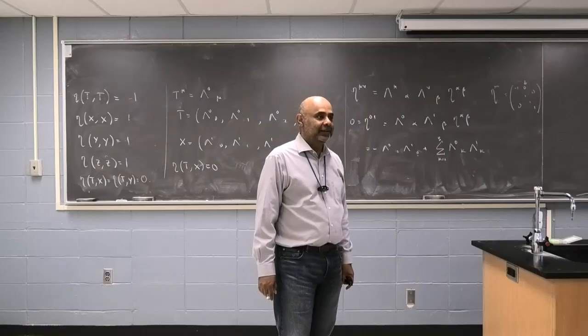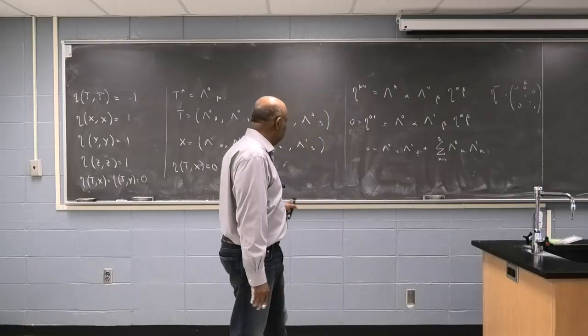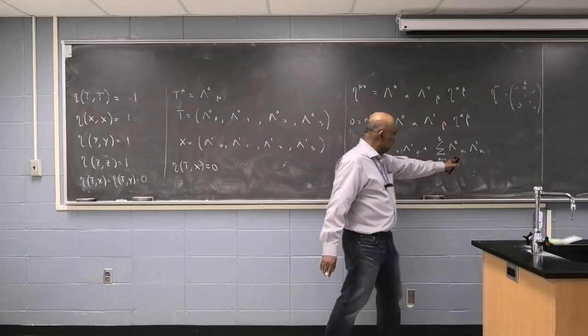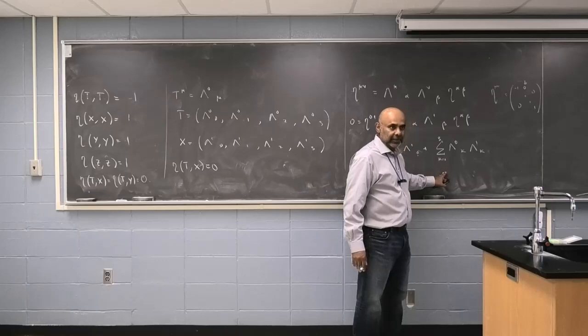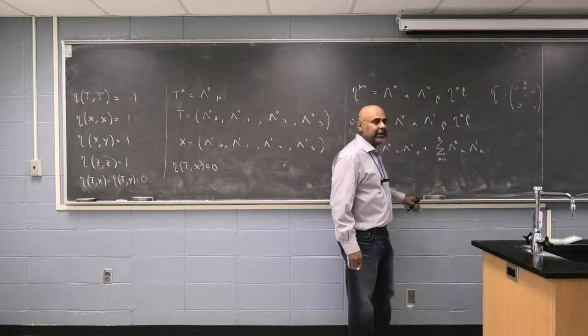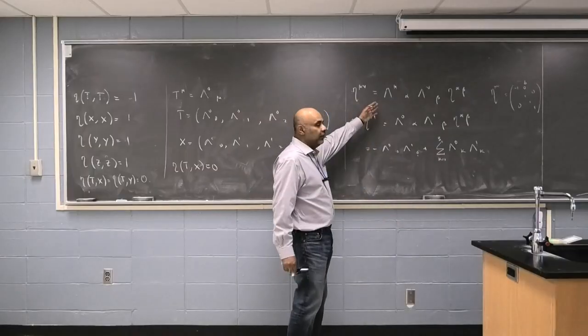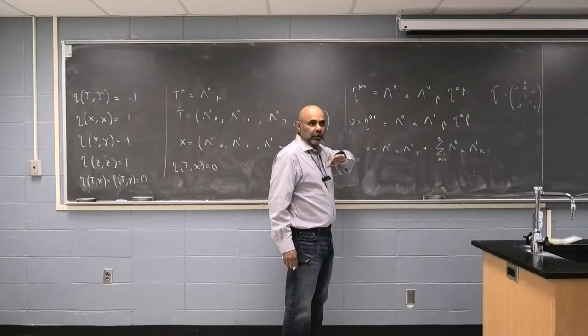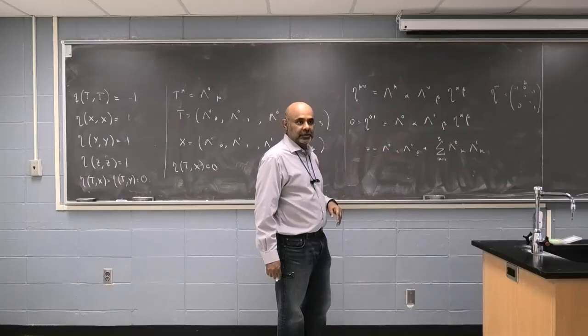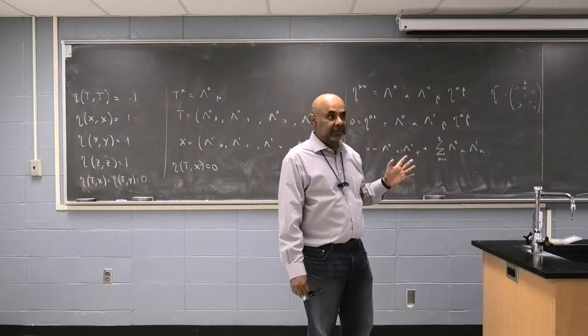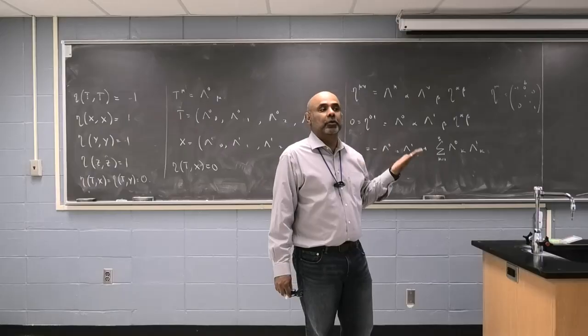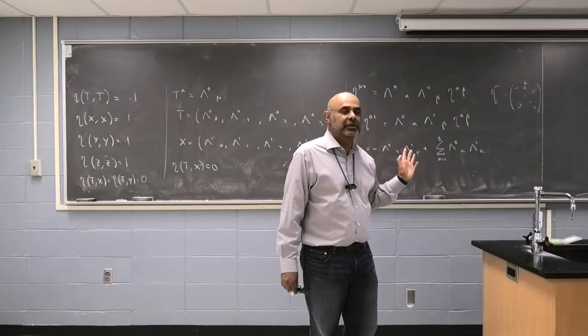Unless it's the rotation, then you would need to do it legitimately. If you have to use summation convention for things like this, you can, and you may have to. Otherwise, things like this are called covariant equations, and we're looking for covariant equations. The general theory of relativity is called general covariance. You can use any coordinate system you want.